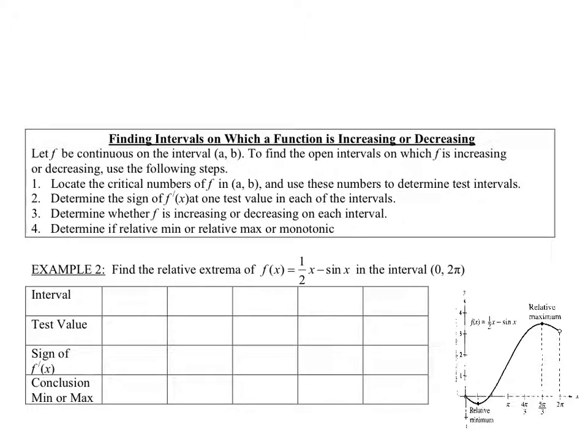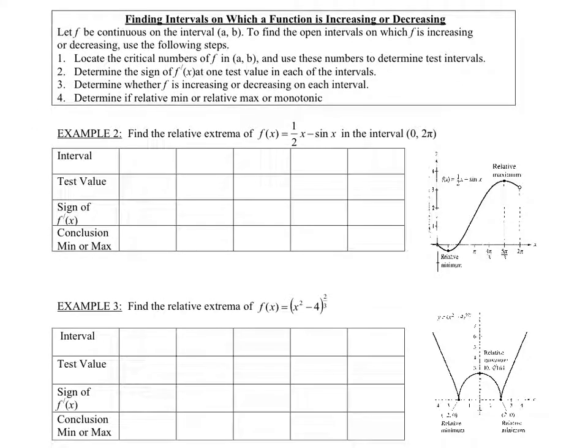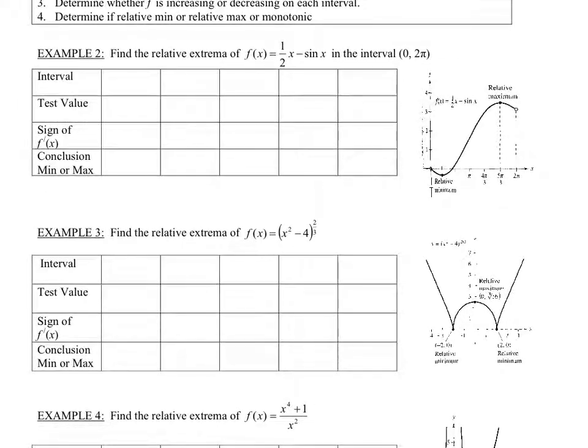So determine if you have a relative min or a relative max, or is it monotonic? If you don't have any change in sign, you would say it's monotonic. So we've got a couple of other examples here. I want you guys to take some time to work on these, just for some extra practice.